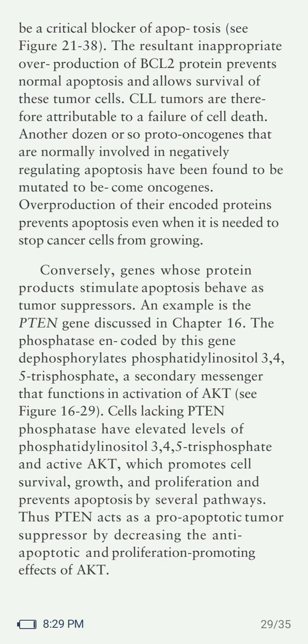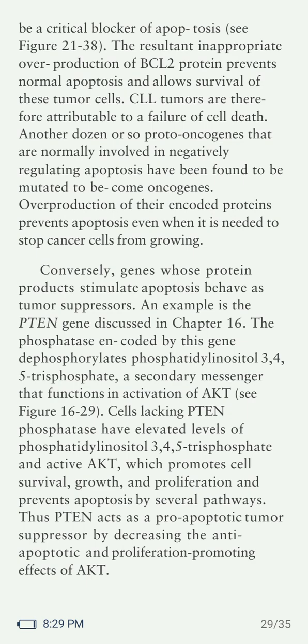CLL tumors are therefore attributable to a failure of cell death. Another dozen or so proto-oncogenes that are normally involved in negatively regulating apoptosis have been found to be mutated to become oncogenes. Overproduction of their encoded proteins prevents apoptosis even when it is needed to stop cancer cells from growing.